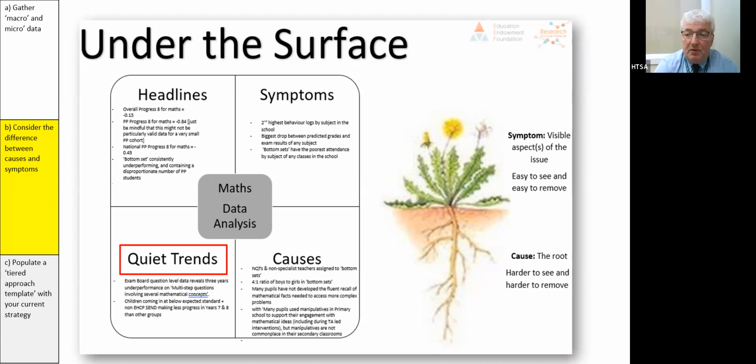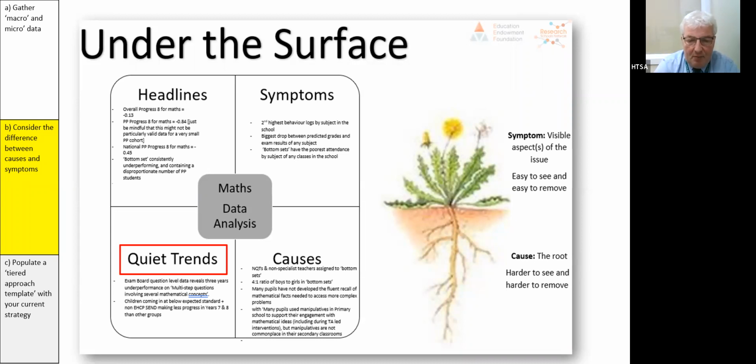And the quiet trend in all of this, or perhaps not so quiet, will be the effects of the last few years, lockdowns and COVID, and what gaps there are in knowledge. So thinking about the trends in data is quite important. There were things happening in schools before COVID, so you may have data for years before then and from their feeder schools. So again, there's stuff to dig into here.